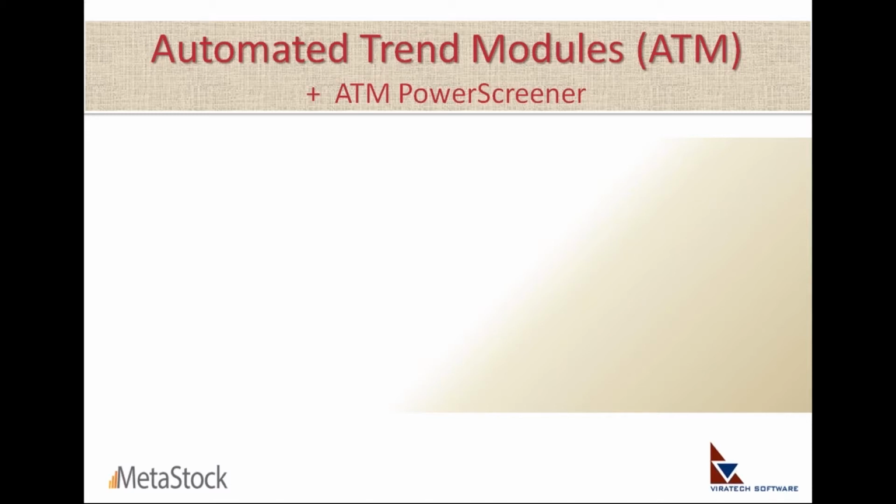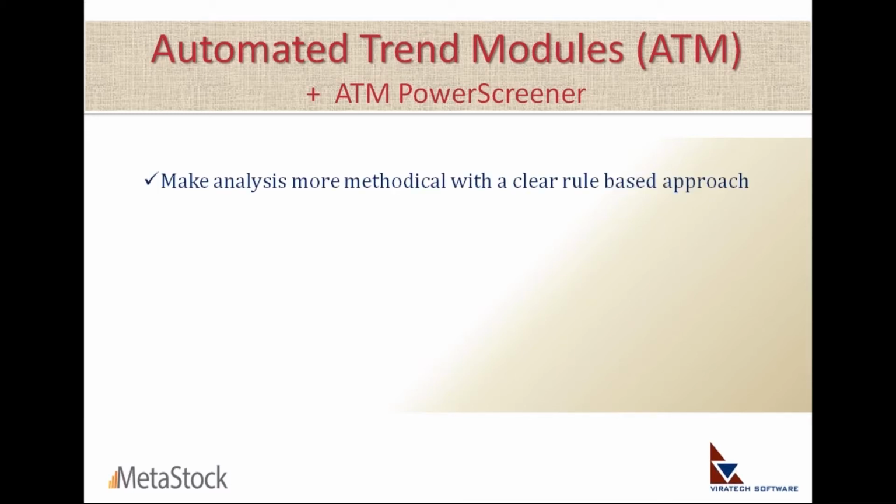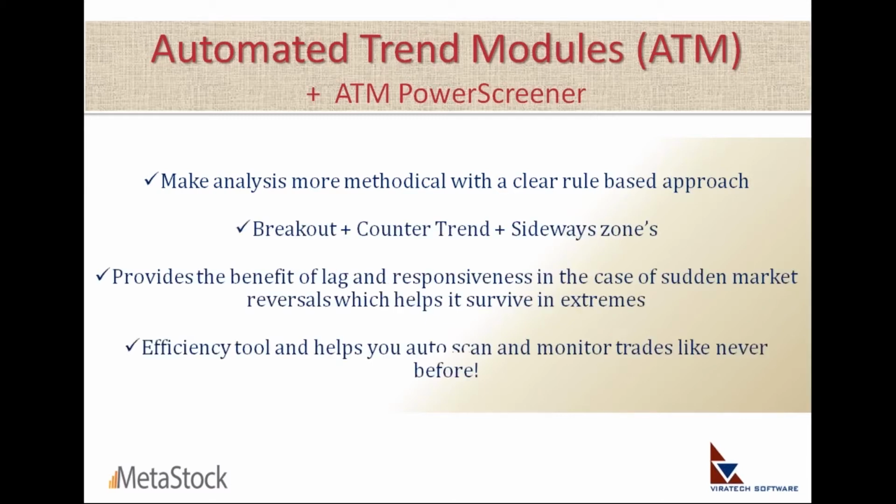And I have a separate class that I'm doing alone on the Power Screener and how we integrate things and put everything together. So we'll do that probably on the 10th, and hopefully if you do attend, you learn a lot more on the Power Screener. But today is all about discussing the core ATM modules and showing you the different strategies it has.